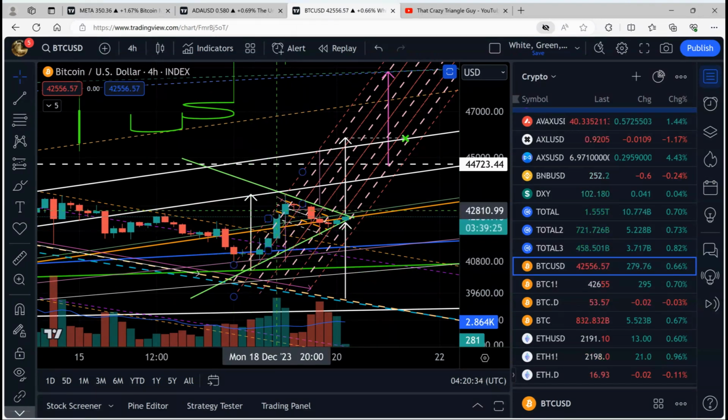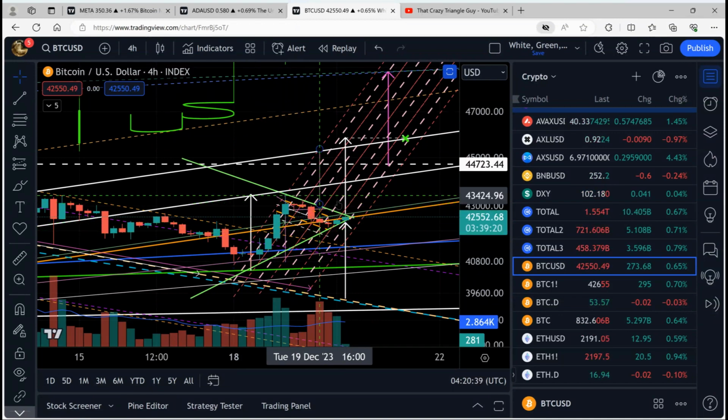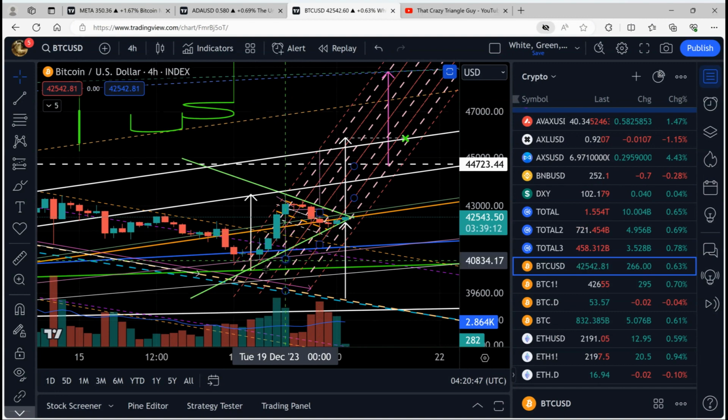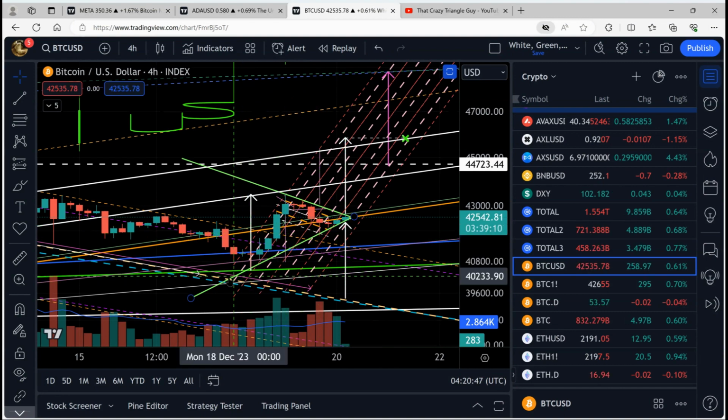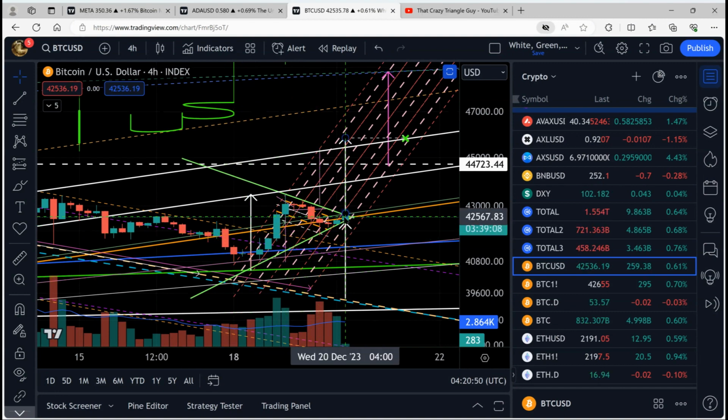And then what did we do? We wicked down here outside of that parallel channel bull flag that we had been forming, came all the way down to this point to create this bottom portion of our triangle. Now the top one we had been forming, it's the top of our bull flag pattern.